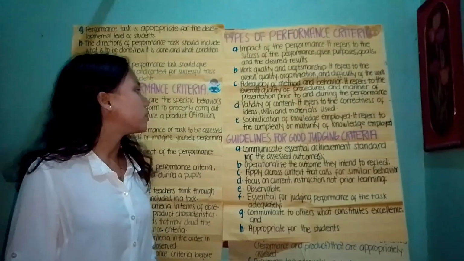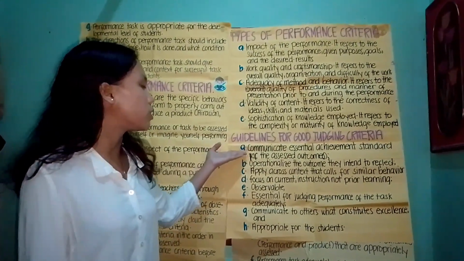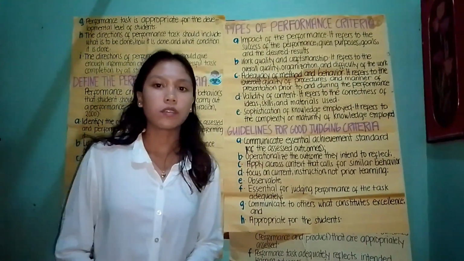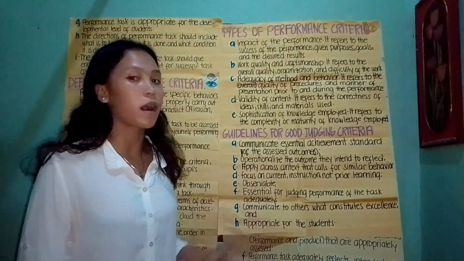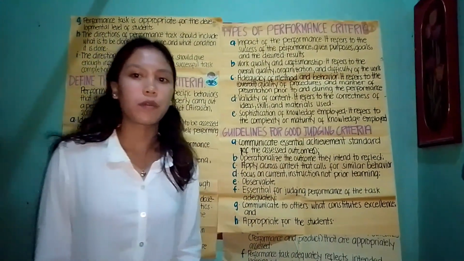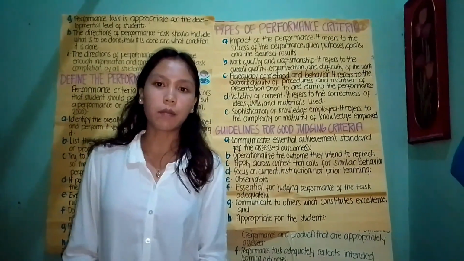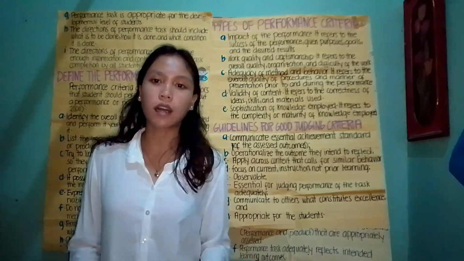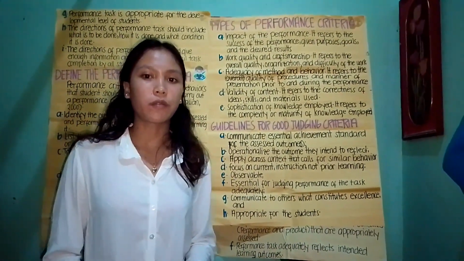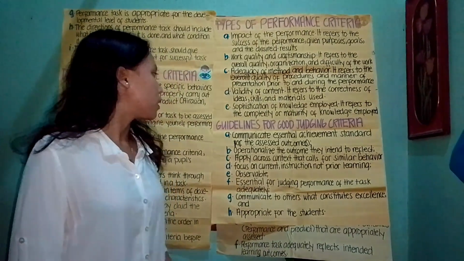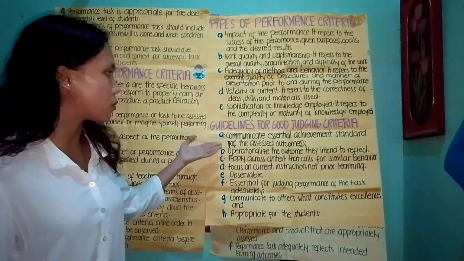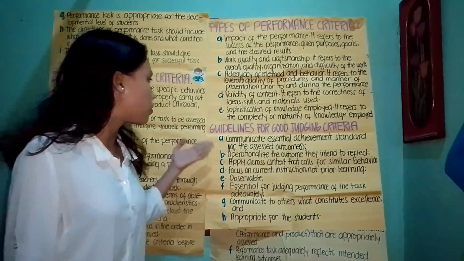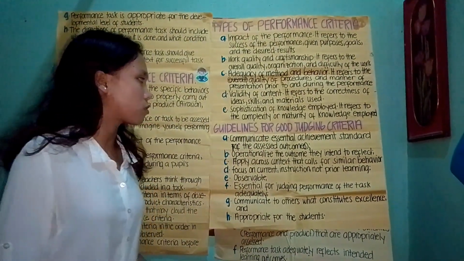And now are the guidelines for good judging criteria. Narito ang mga gabay sa pagmamarka ng performance ng mga mag-aaral na maaaring ipatupad o gamitin sa aktwal na pagsusuri ng performance ng mga mag-aaral. And for letter A is communicate essential achievement standard of the assessed outcomes.